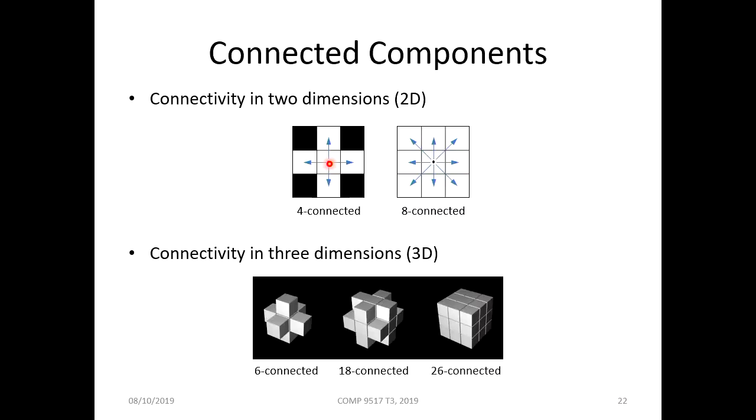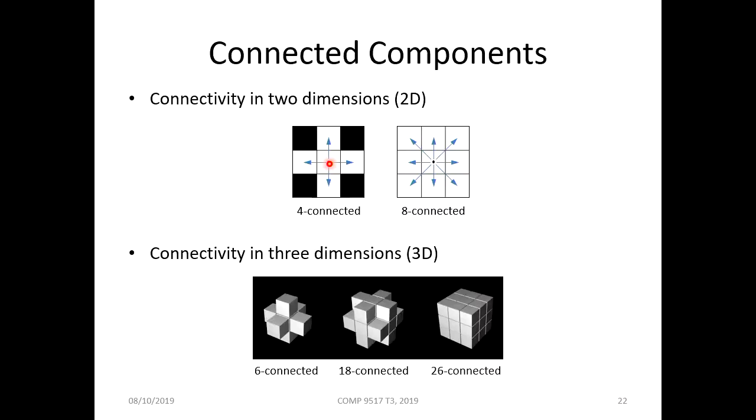Whereas in 8 connected, all 8 neighboring pixels of the center pixel are connected. So these are the 2 basic connectivities. You could also think of other, asymmetrical types of connectivities, but these are mostly used. In 3D image processing, this translates to 6 connected or 26 connected, and sometimes people also use 18 connected, where you don't consider the corners of the cube.